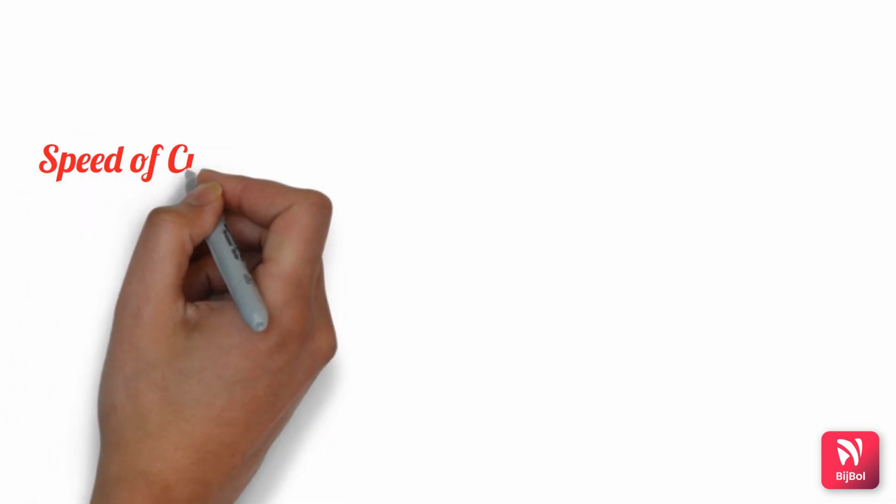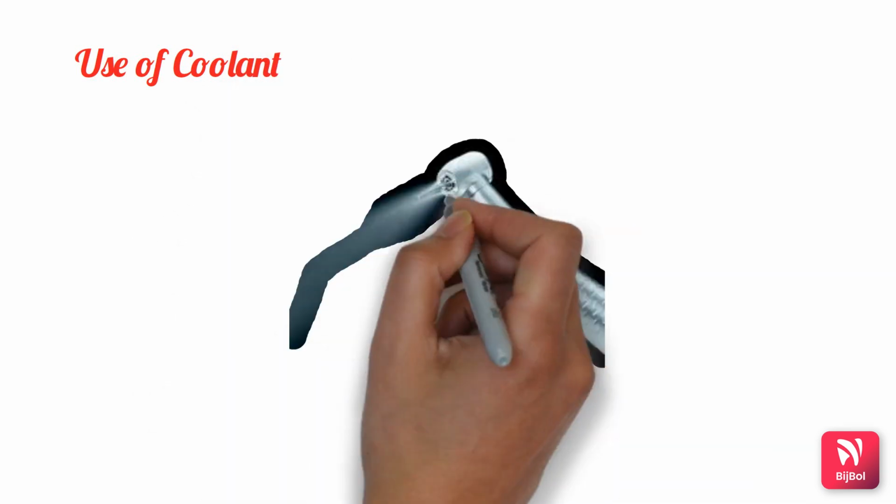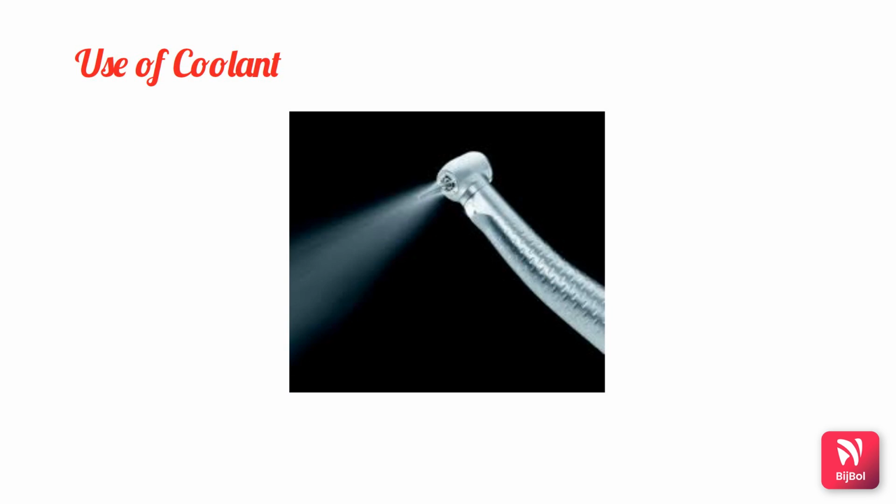And for that, we have to maintain the speed of cutting and the coolant use, and you should be maintaining the type of burr used for the cutting also. And after cutting the bone, you can go for the root end resection.